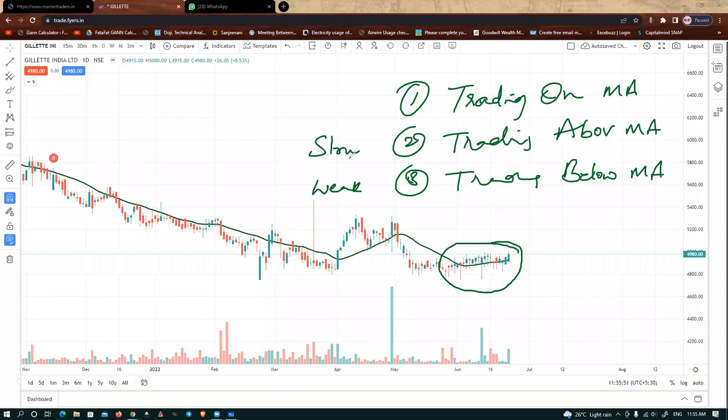Above, it is strong. On it, it is sideways. So there is no use of taking trades here. These two will be useful, because here we can go for buying, here we can go for selling. So this is how the moving average will be predicted.